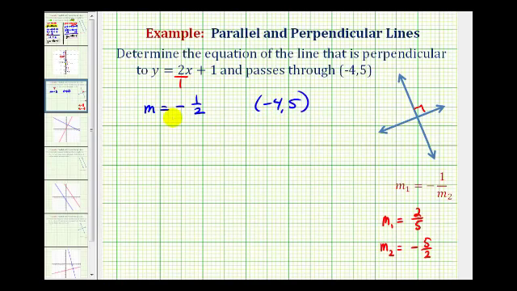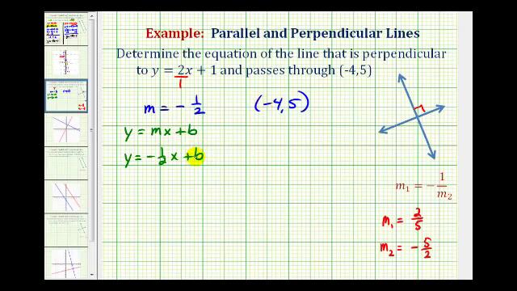Now to determine the equation of the line with slope of negative 1/2 containing the point negative 4, 5, we can either use slope-intercept form or the point-slope form of a line. And I think for this video we'll show both. So using just slope-intercept form, or the form y equals mx plus b, we would first substitute negative 1/2 for m, so we'd have y equals negative 1/2 x plus b.